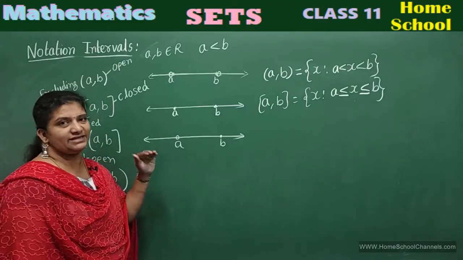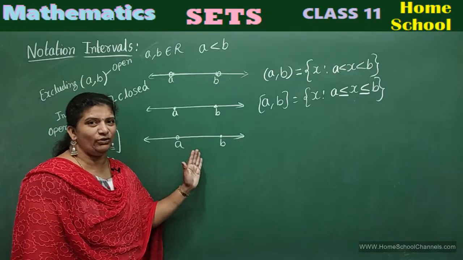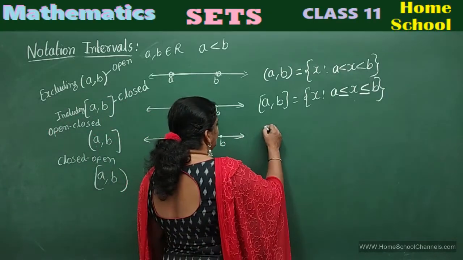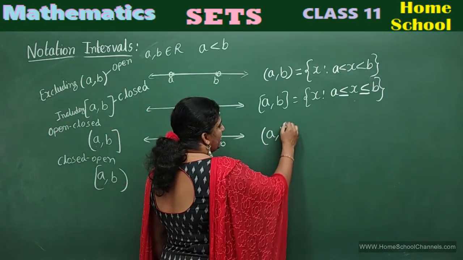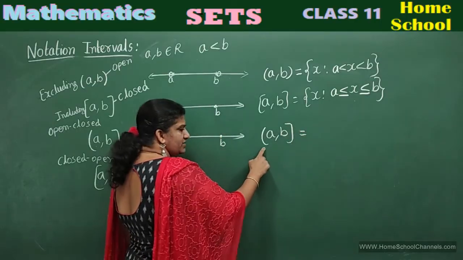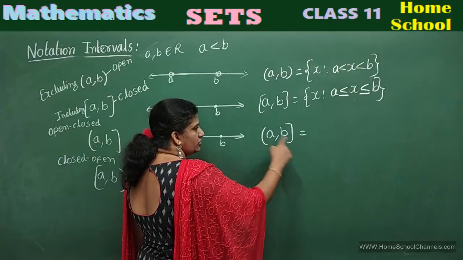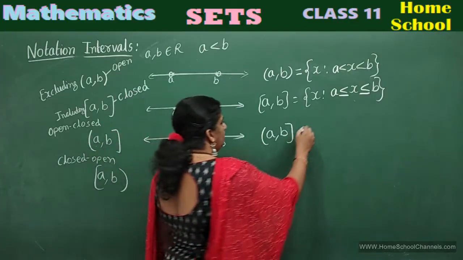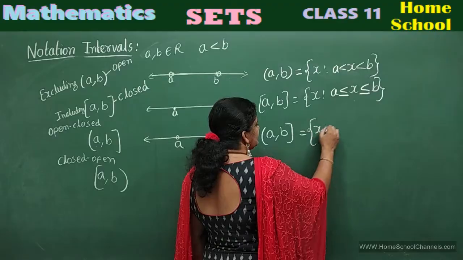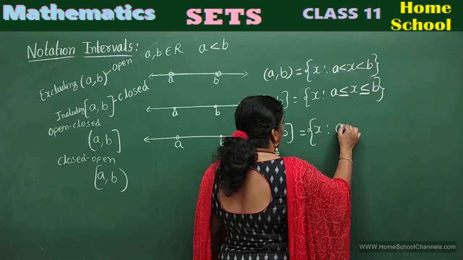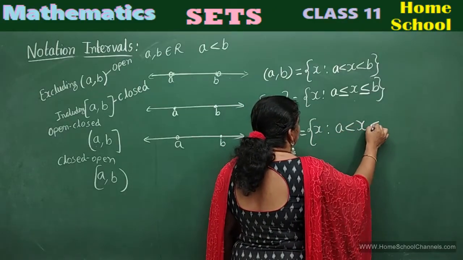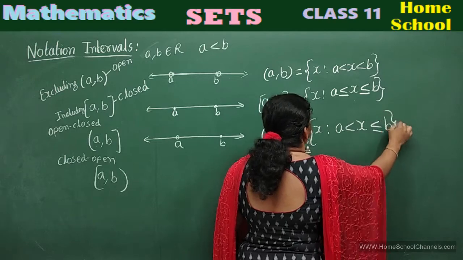A is excluded. B is included. So write this one, (A, B]. See the brackets carefully. This interval, curve, square: open, closed you need to say. Set builder form: X such that A less than X less than or equal to B.